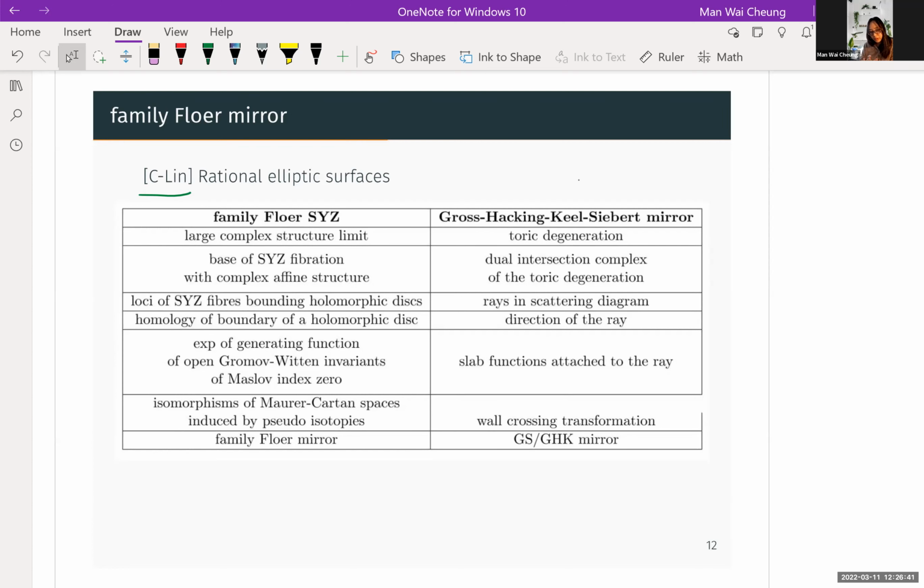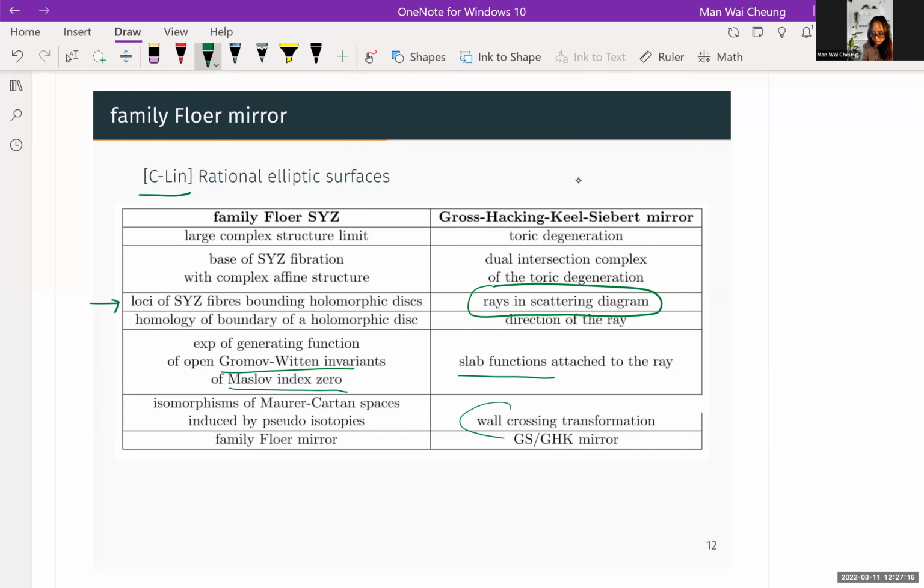And then with Yu-shen Lin, what we establish, for rational elliptic surfaces, is this dictionary between the family Floer construction and the Gross-Hacking-Keel mirror construction, which you can see here. On the GHK construction, we emphasize we have walls on the scattering diagram, which are weighted, and on the A side, they will be the loci of the SYZ fibers bounding holomorphic disks. And then we have the function here, which on the A side will be counting Maslov index 0 holomorphic disks.